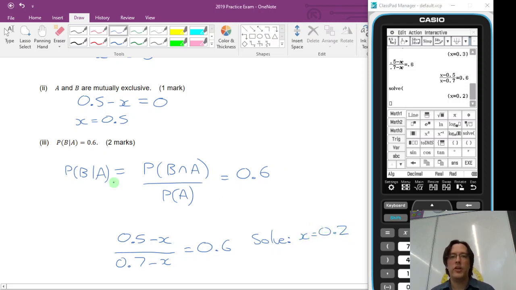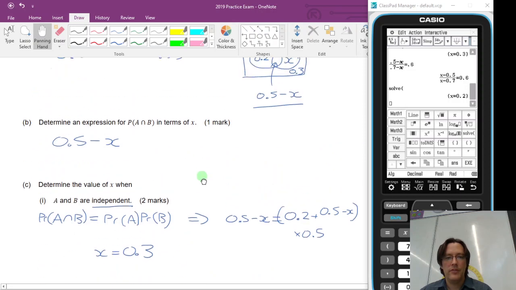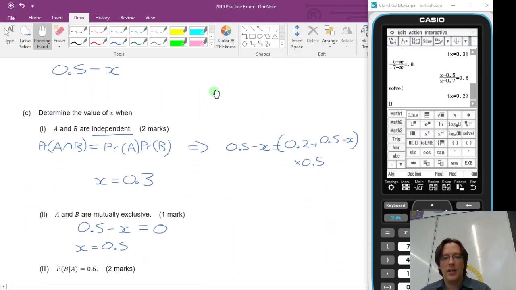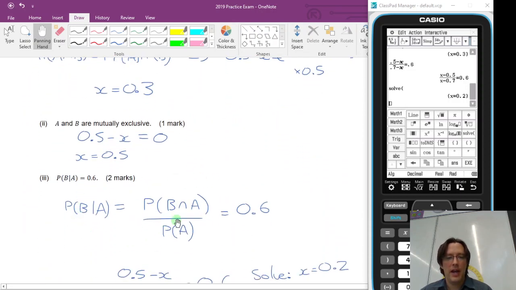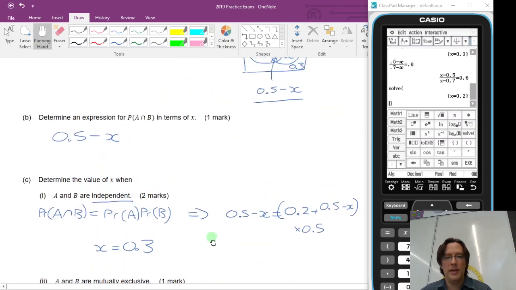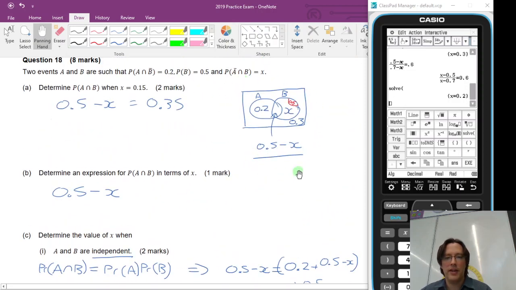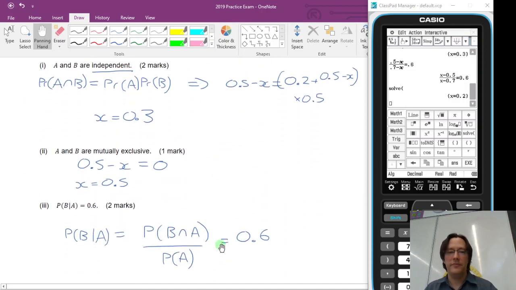They don't usually try and trick you with these. If you get a clean looking answer like 0.2, you're probably right. So yeah, there we have it. So we just needed to remember how we defined all these things, be a bit flexible in how we thought about algebra, and then in doing so, we should make this fairly easy to solve.